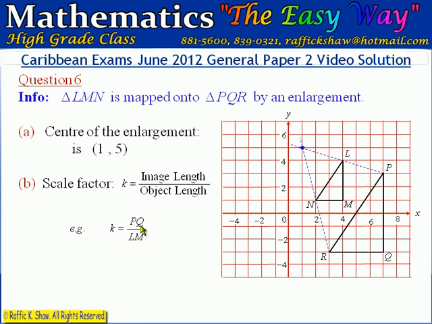So the scale factor is the length of PQ divided by the length of ML, and that would be 6 units divided by 3 units, and so the scale factor is 2.